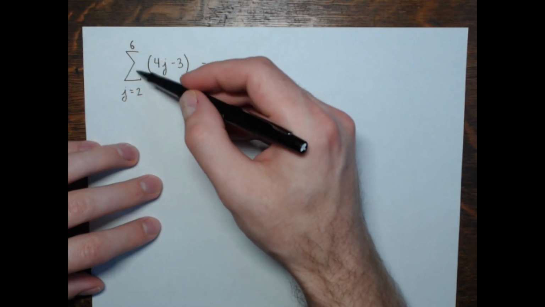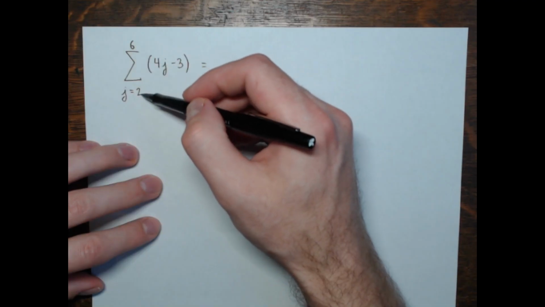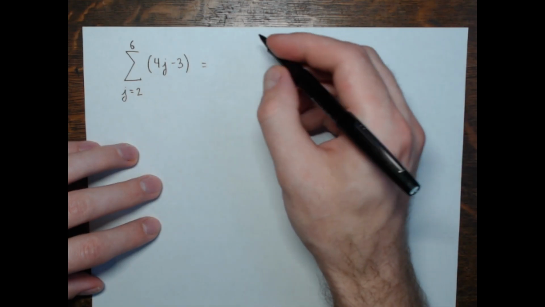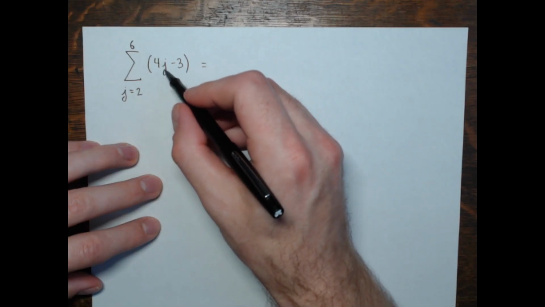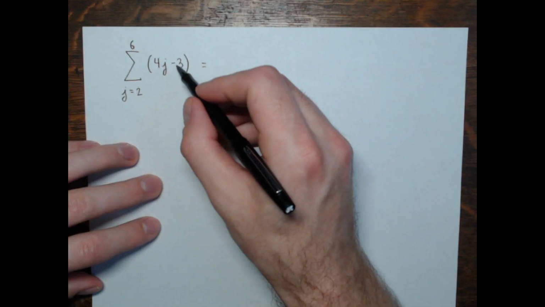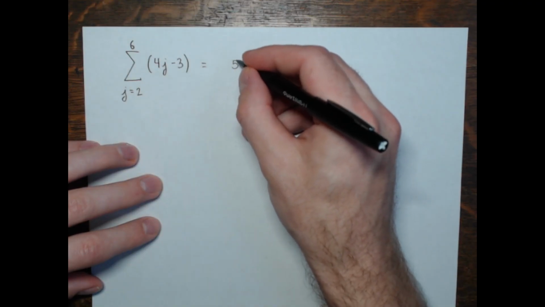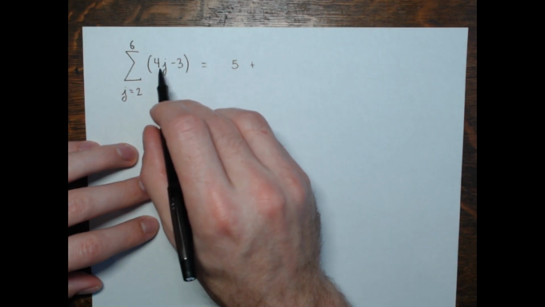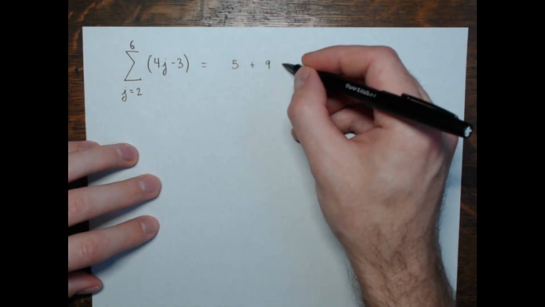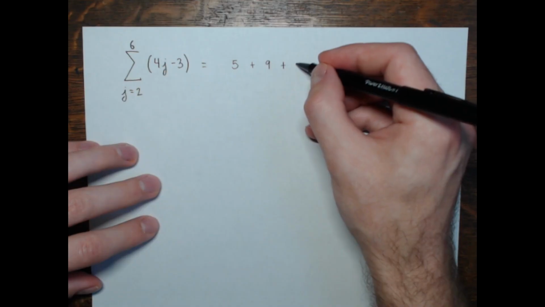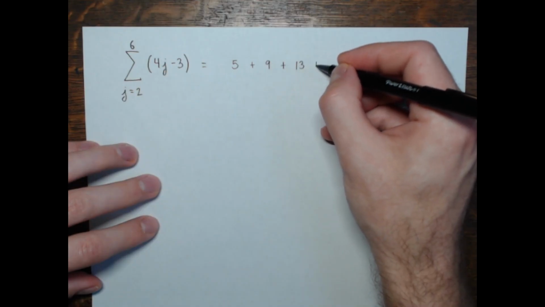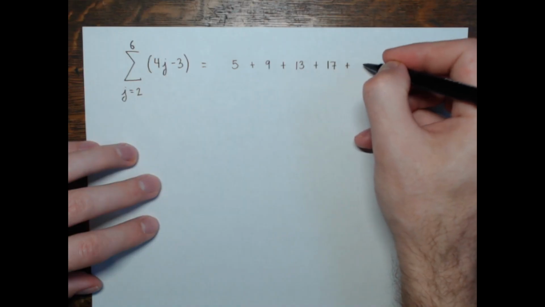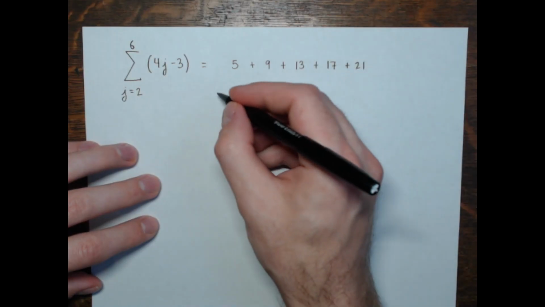Now there are only 5 terms here, right? Upper limit minus lower limit is 4, plus 1 is 5, so there's only going to be 5 terms. That's not so bad, right? When j equals 2, 4 times 2, 8 minus 3, that's 5, plus, and when j equals 3, we're just going to keep adding 4 each time, so that'll be 9, plus when j equals 4, it's 13, when j equals 5, it's 17, and finally when j equals 6, that's 21.